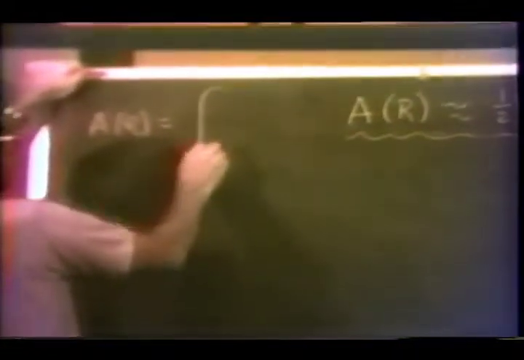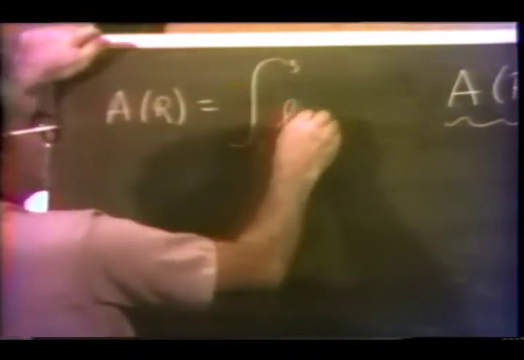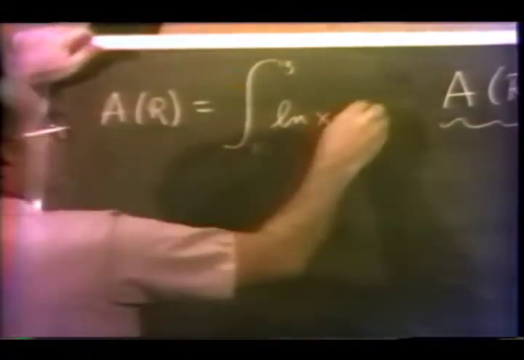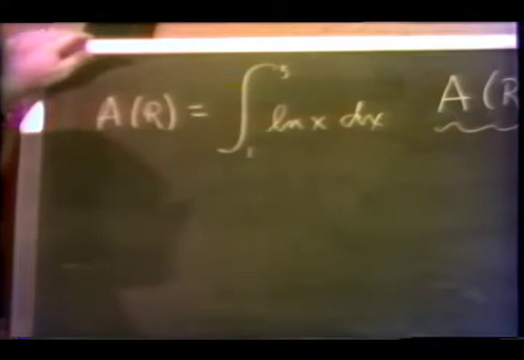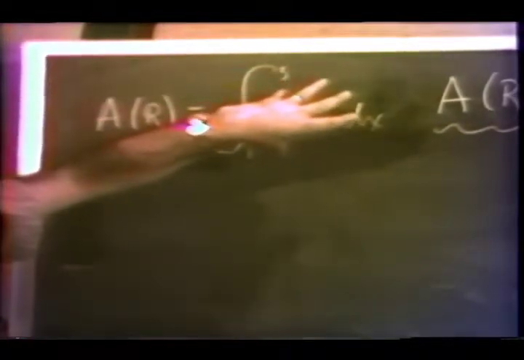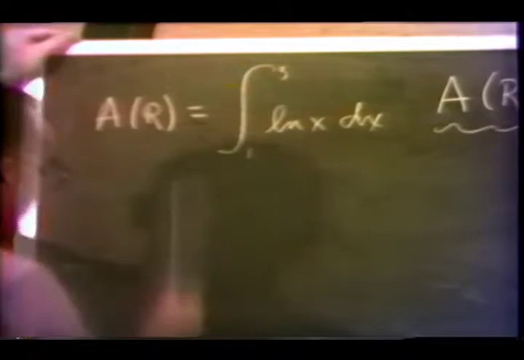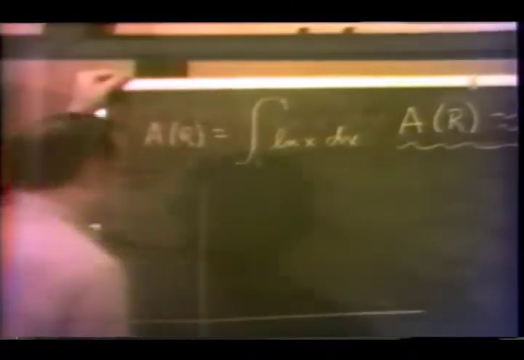All right, the area of the region that I want to approximate is the integral from 1 to 3 of logarithm of x dx. Now this happens to be one that I'm well aware of, that we can get the capital F of x using one of our techniques. We will before this is over, but I want to use this for demonstration purposes.